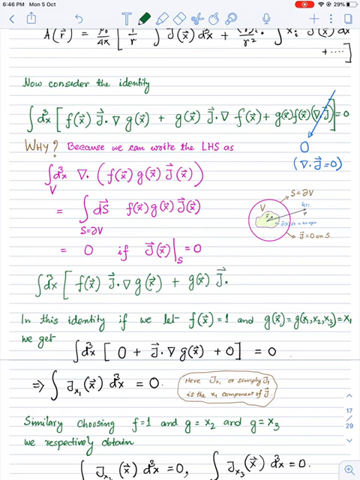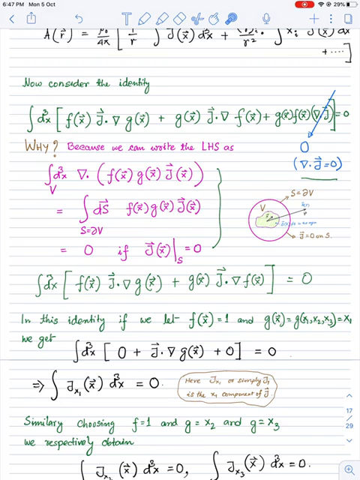And then there's just one more term, g(x) j·∇f(x). This is equal to 0. Firstly, the whole three terms are equal to 0 because of the reason that I explained. And then one of these three terms is 0 because divergence of j is 0. And therefore, we are reduced to these two terms.